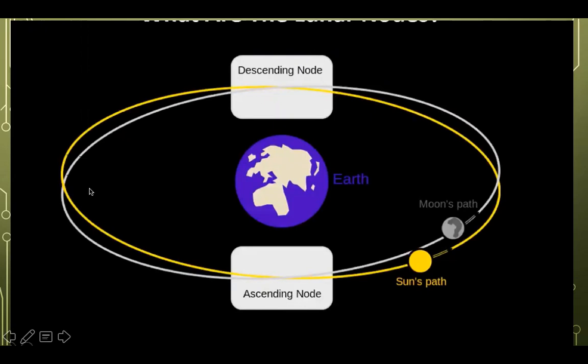And you have the descending node, which represents the descending axis, which is half of the orbit in which the moon is underneath the sun. So during new moons and full moons out here, there aren't going to be eclipses. There are only going to be eclipses whenever the 2 axes come together and the Earth, the moon, and the sun can all line up perfectly.